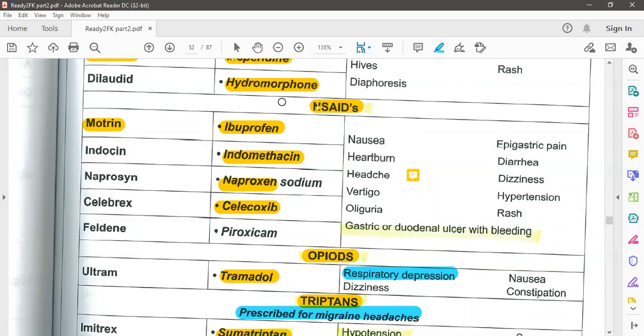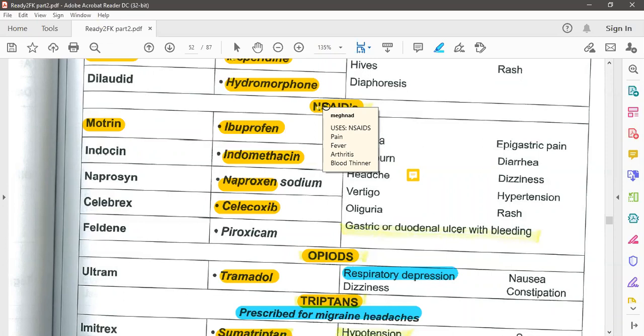Here are some of the drugs we commonly use as non-steroidal anti-inflammatory medication: ibuprofen, indomethacin, naproxen, celecoxib. So NSAID, let me tell something more.